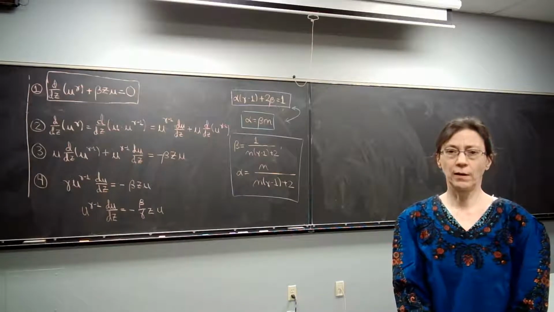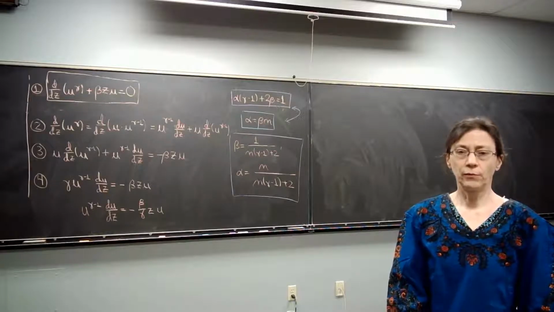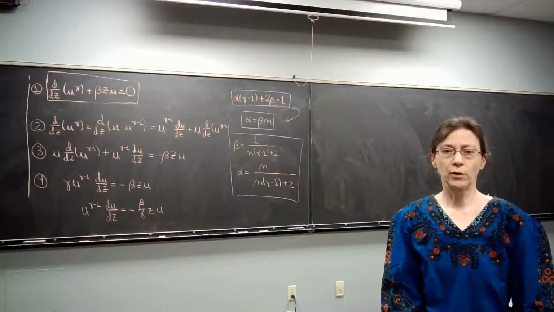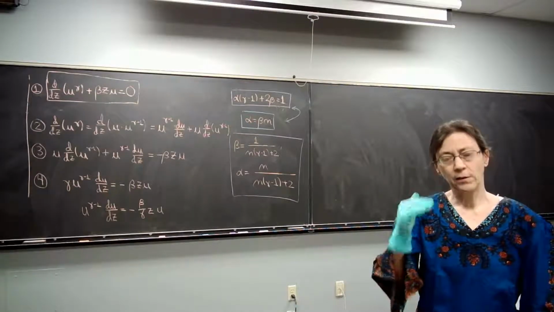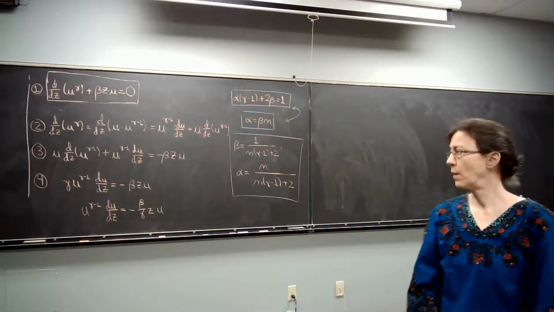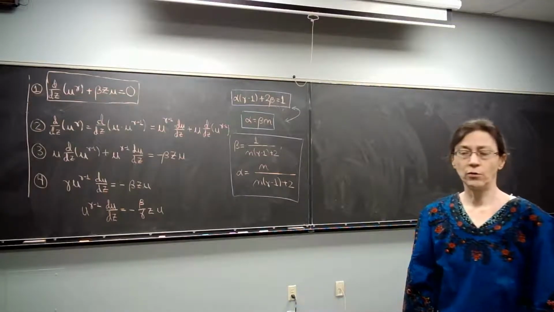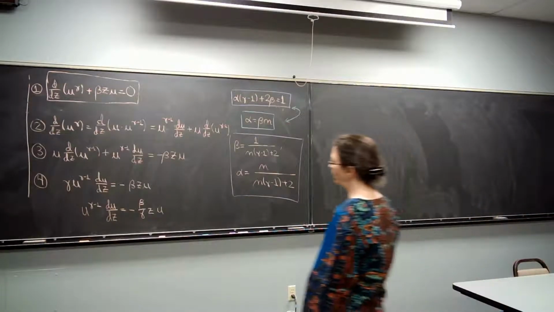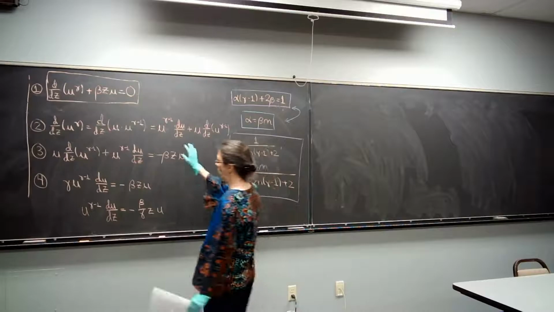I haven't really done anything original here. I have filled in some of the details because, again, you're asking yourself not just, can I get from this step to this step, but why are they doing this step? And I have tried to expand upon some of those calculations. That's all.